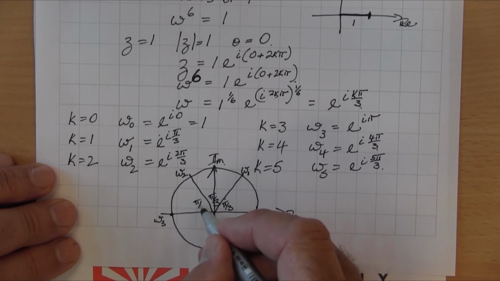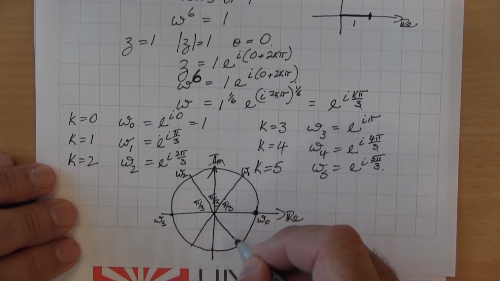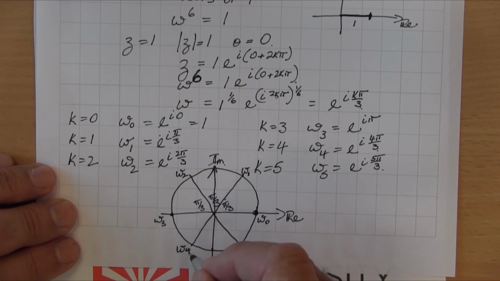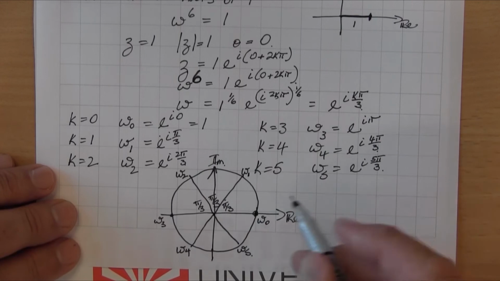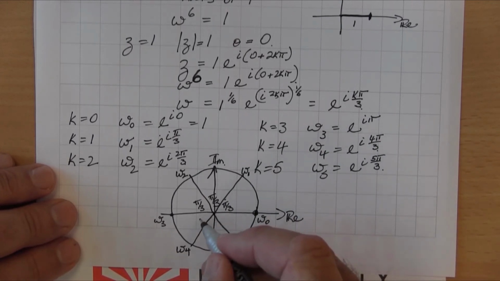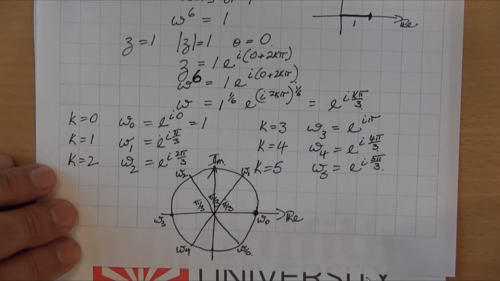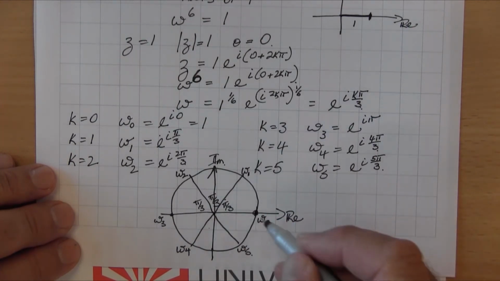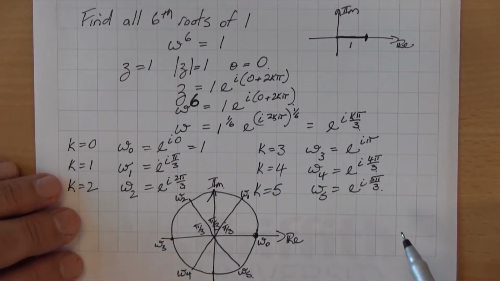So there's another pi on 3, etc. So w4, w5. Each of these will differ by pi on 3. So that gives you the 6 roots of w to the 6 equals 1.